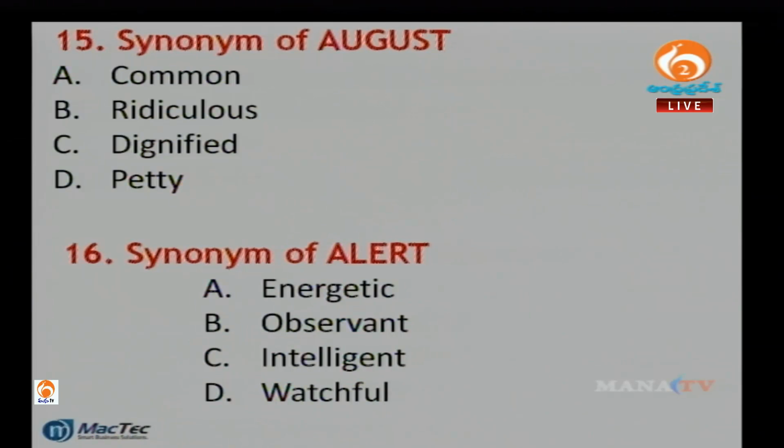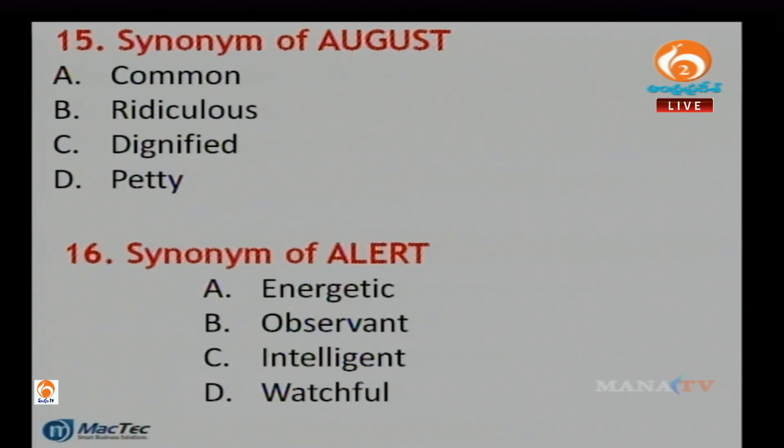Number 16, synonym of alert. Alert means energetic, observant, intelligent, watchful. Energetic, no. Observant, maybe. Intelligent, of course, no. Watchful, maybe. So I have to choose between observant and watchful.